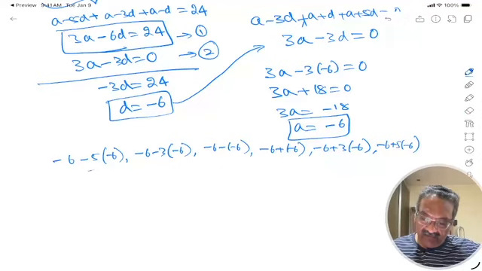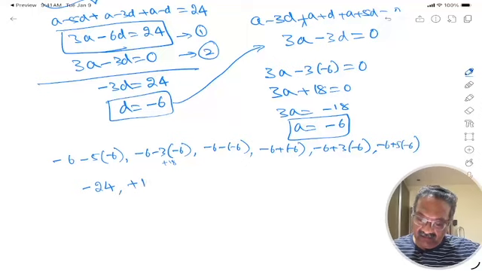Minus 6 into minus 5 is plus 30. Okay, so this will be minus 24. Minus 6 into minus 3 is plus 18. Plus 18 minus 6 is plus 12, and this will be 0.